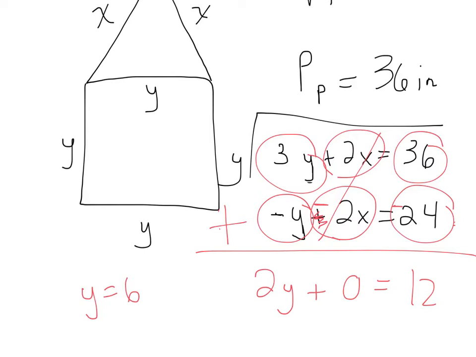All right, here we go. Ready? Triangle problem. One angle of a triangle measures 11 less than twice the measure of another angle.